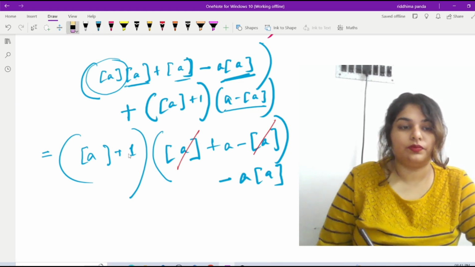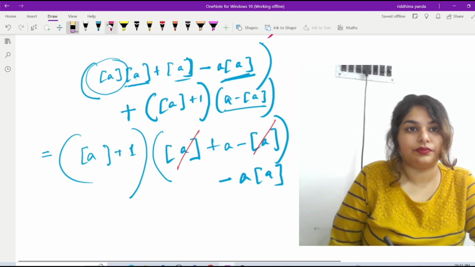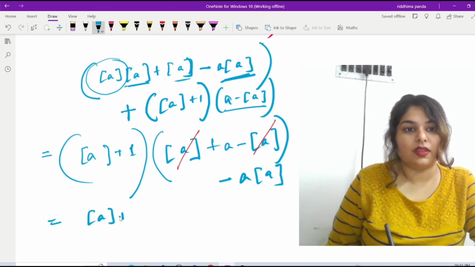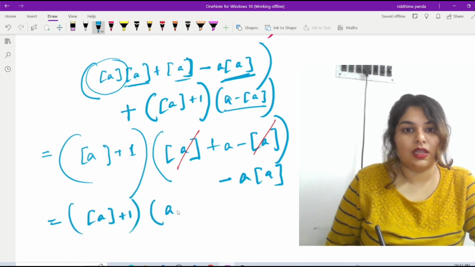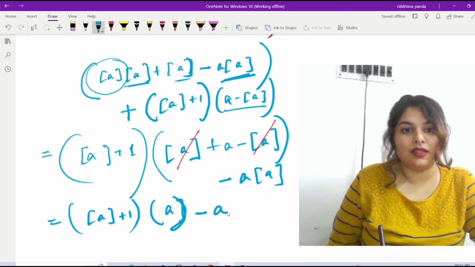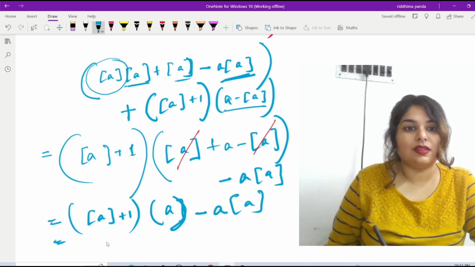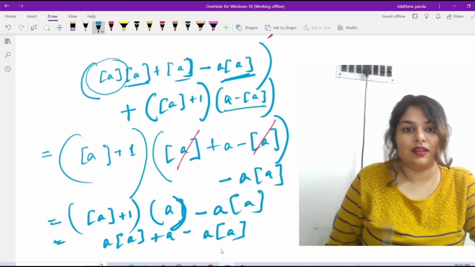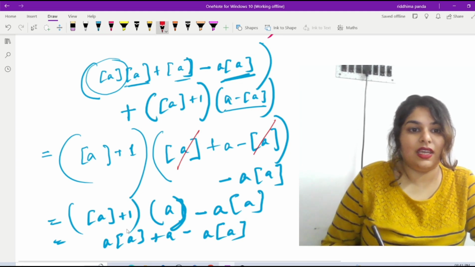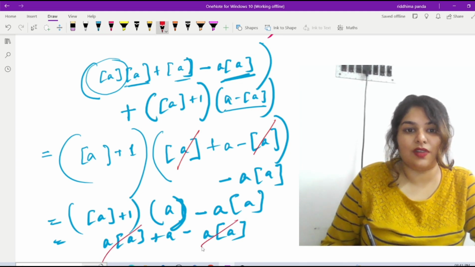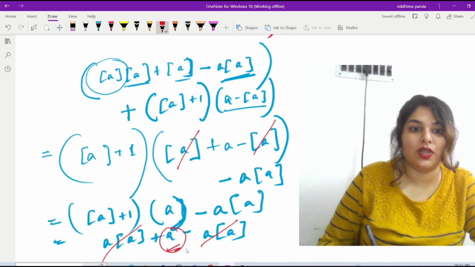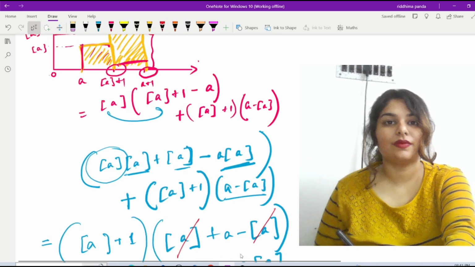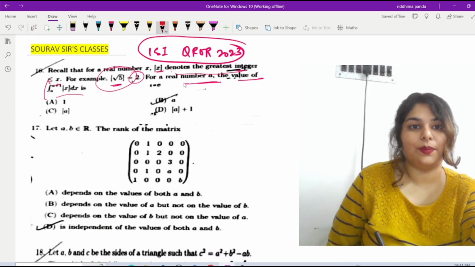So this a into the greatest integer function minus a into the greatest integer function gets cancelled, and we are left with only a. So a is the answer. That means option B.